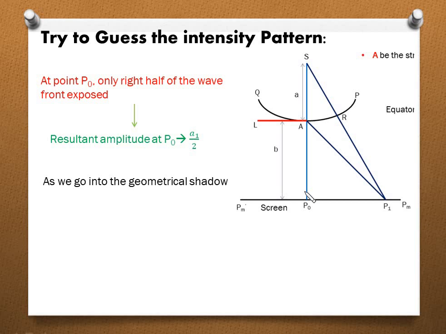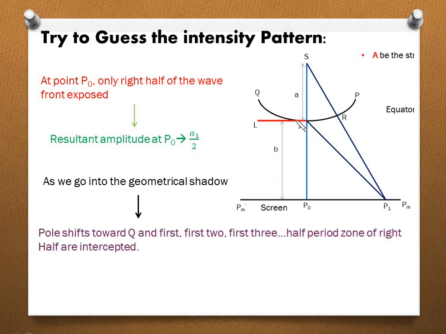Now if you go towards the left, that is towards the geometrical shadow, this side will be the geometrical shadow. When you go towards the left side, the pole of the wave shifts along this obstacle. So the first period zone will start from this pole.